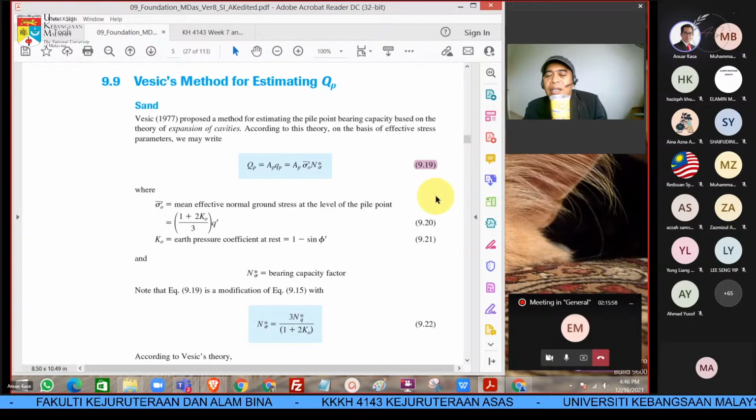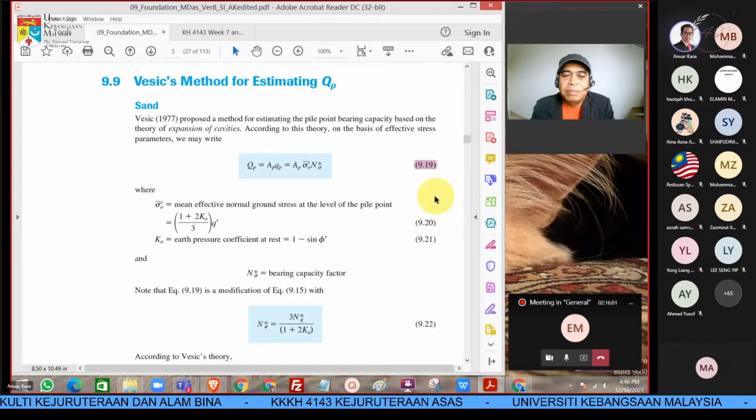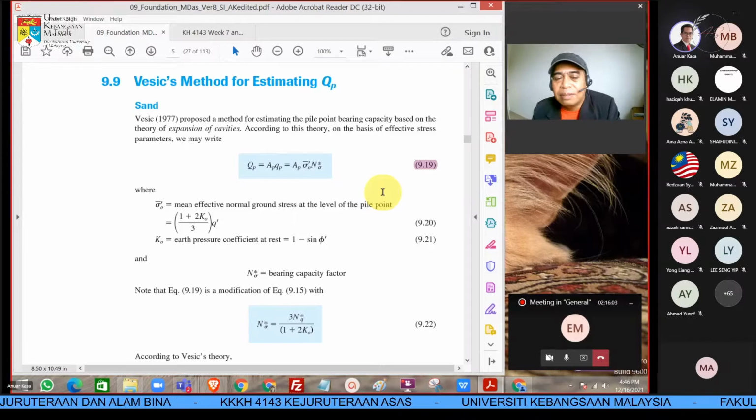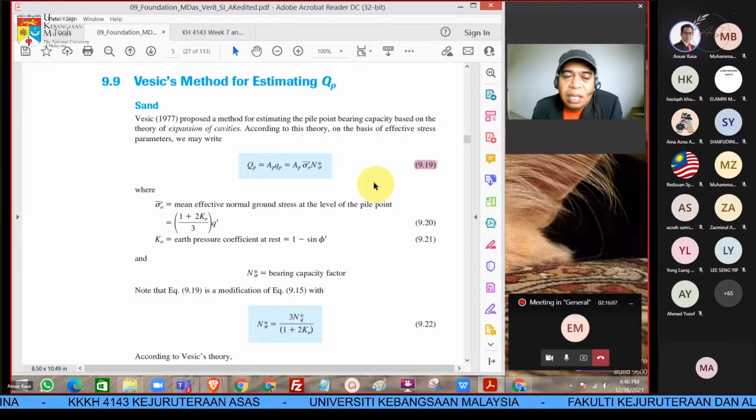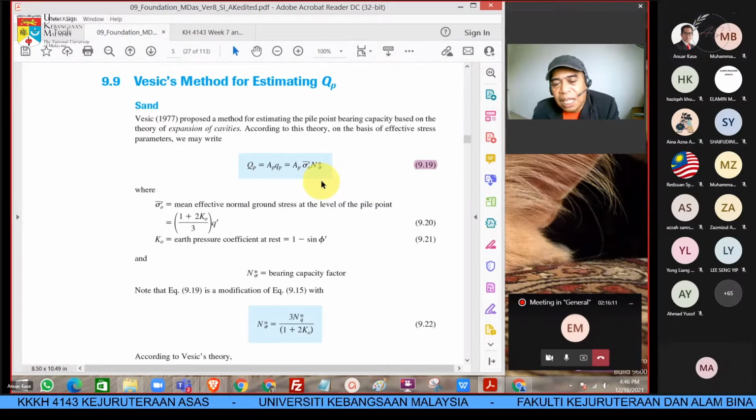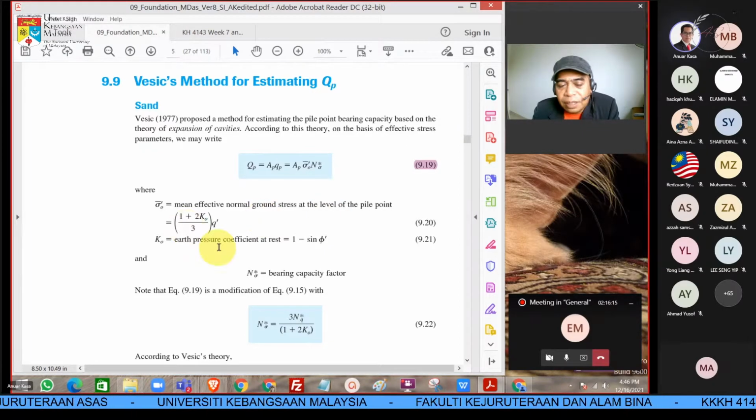Okay, so for sand, we need to think about sand now. We can use this equation for QP for sand, and you can look at this one.